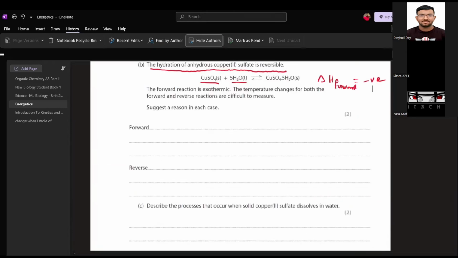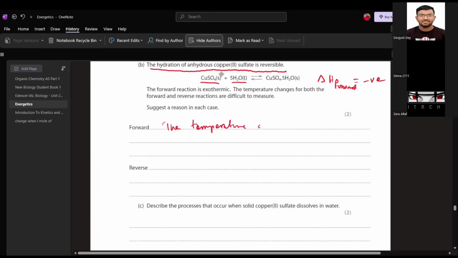So if a solid is produced, don't you think it's much harder to measure the temperature of a solid, specifically compared to a liquid? So we can give one example. This is a good reason we can give, or there could be another one. Solid is the best answer, I would say. The temperature of a solid is difficult to measure. I feel like it's the most common sense answer.